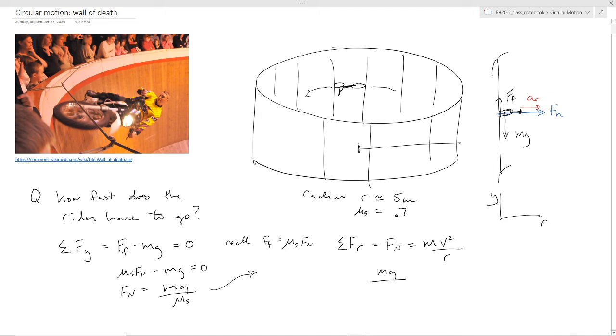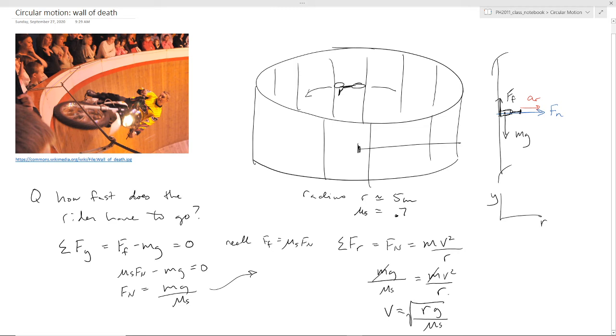So mg over mu s is going to equal m v squared over r. Notice the mass appears on both sides, so that will drop out. Then we can solve what's left for v. We'll have the square root of r g over mu s.